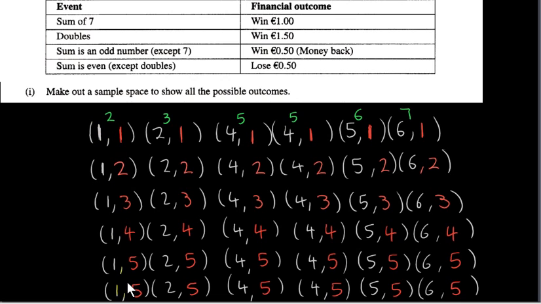As we go down this column, this number will increase by 1, at least as far as this row. And we have another 6 here. Similarly, going down through this, we have 3, 4, 5, 6, 7, and another 7 here. Similarly here, we have 5, 6, 7, 8, 9, and another 9.